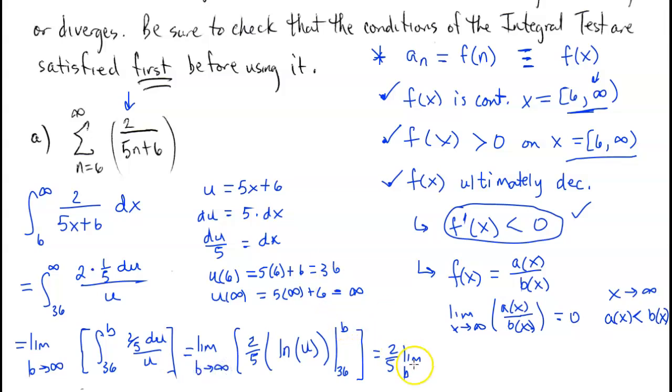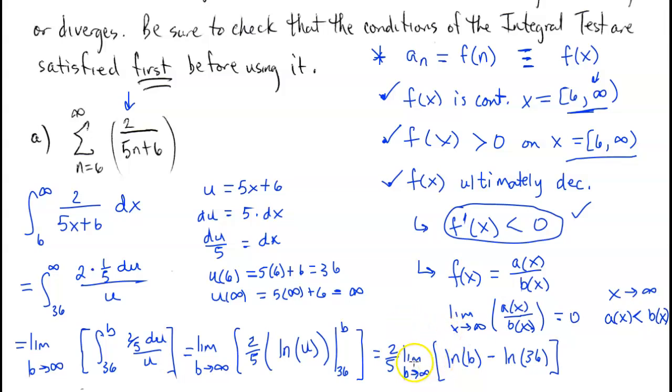Okay, all right. So here, this will be as b approaches infinity, and if I go ahead and substitute this in, this will be natural log of b minus natural log of 36. At this point, you'll see that this is not natural log of 6, by the way. It's natural log of b. And so b would be approaching infinity.